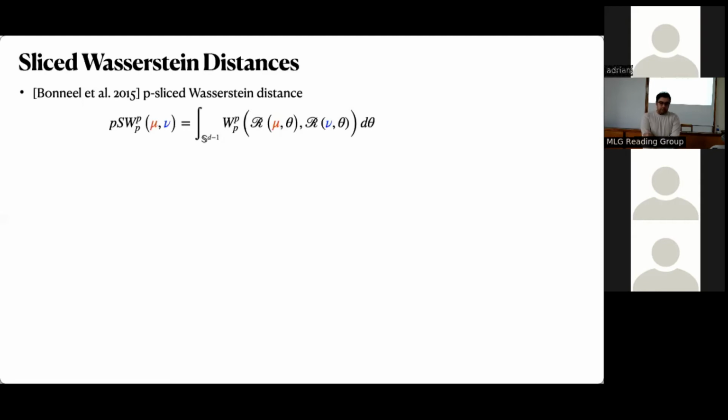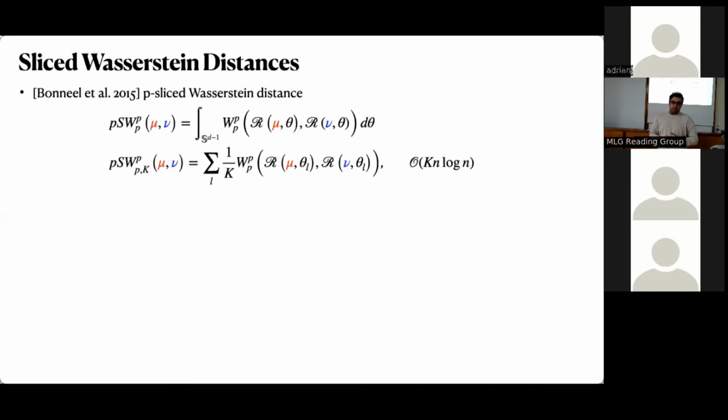But obviously this is also intractable in practice because you can't really take this integral over all possible directions of the unit vector. So they end up approximating this using a Monte Carlo estimate where they just take k possible projections and average over them to give some approximation of the Wasserstein p distance in high dimensions by a sum of Wasserstein distances in one dimension.